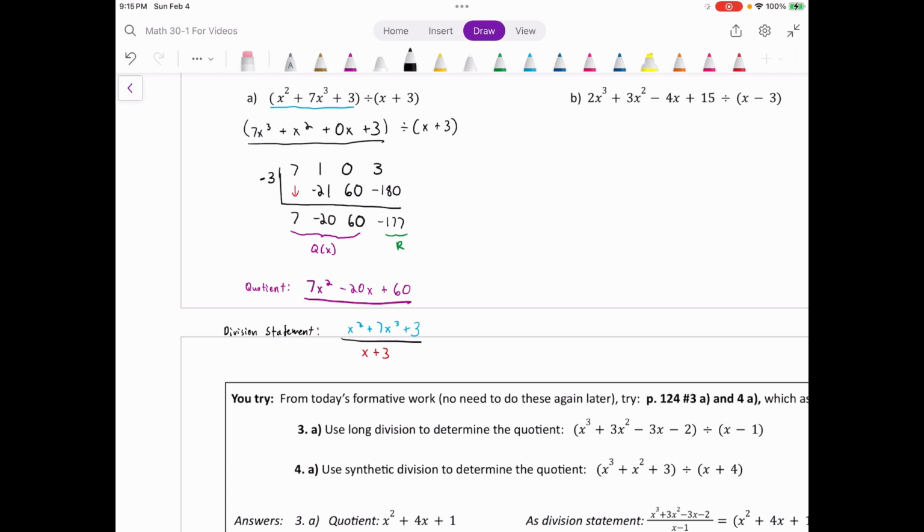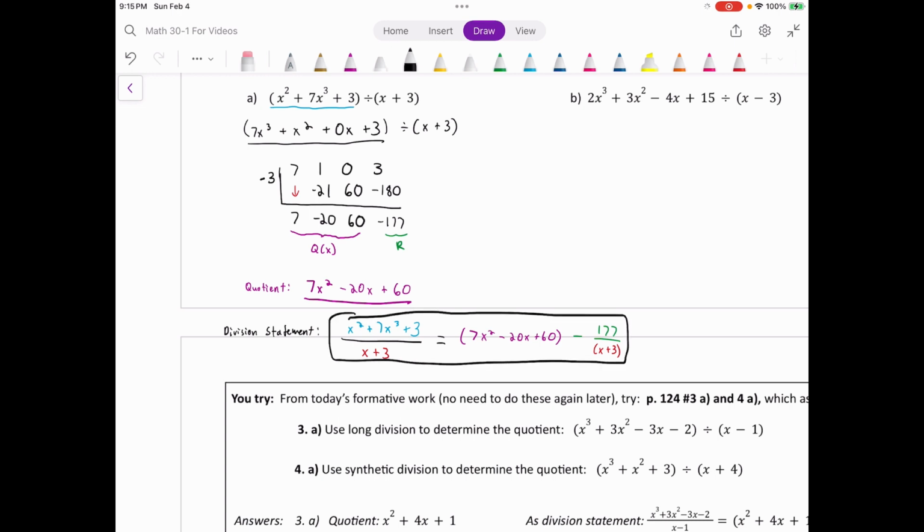And that was equal to, so we found that our quotient was 7x squared minus 20x plus 60. And then if we add our remainder over our divisor, well, our remainder was negative 177. So I guess we could say subtract 177 over our divisor, x plus 3. And there it is as a division statement.